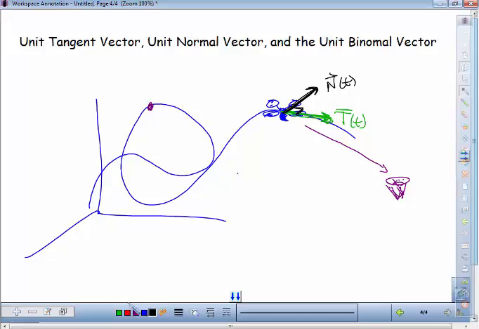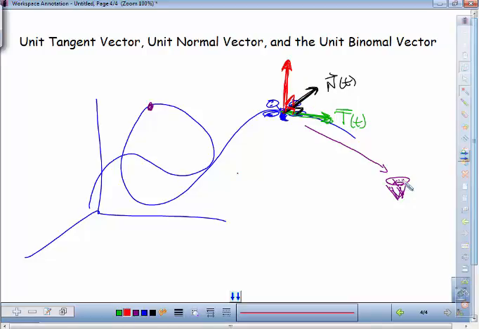And so there's a third vector that we want to get. And a very nice property for this vector would be, it would be really nice if this vector was perpendicular to both the t vector and the n vector, right? So we want this vector to be perpendicular to the t vector and the n vector. And it would be nice if it was also of unit length.